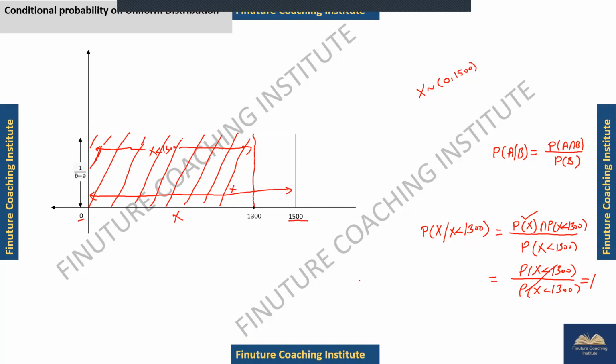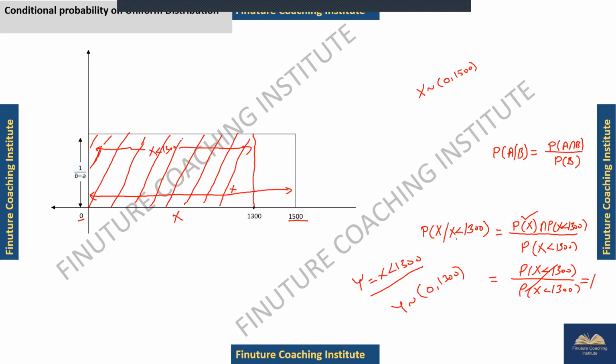It means that, say, Y is another variable which is fulfilling X less than 1300. If I tag this as Y, then for Y the probability is 100%. That means the initial and end points would be 0 and 1300. That's how you can interpret it.